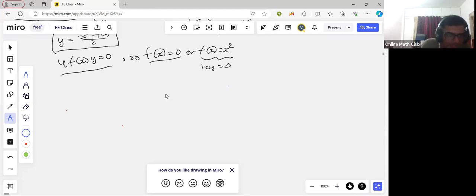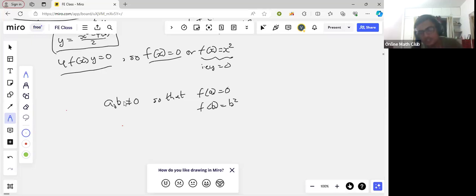So we could have a and b not equal to 0, so that f of a is 0, but f of b is b square. But we want to remove such solutions, right? We don't expect such solutions to work.